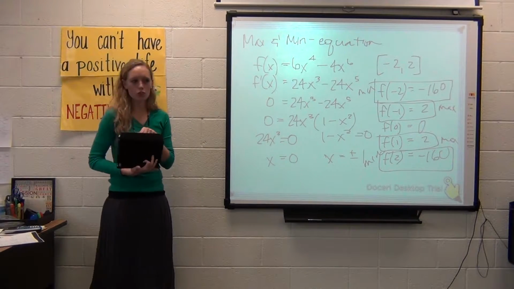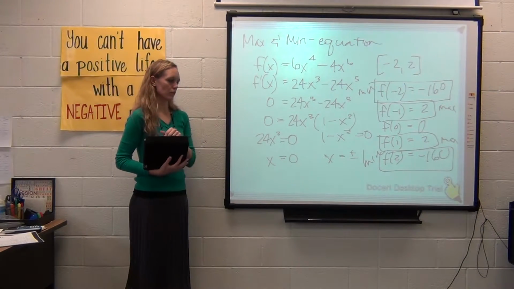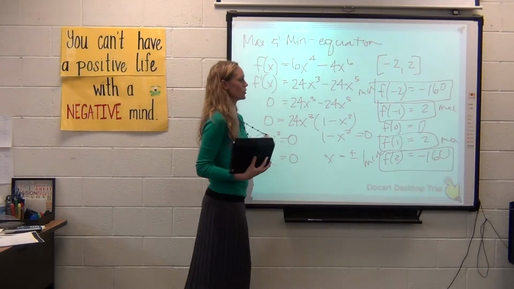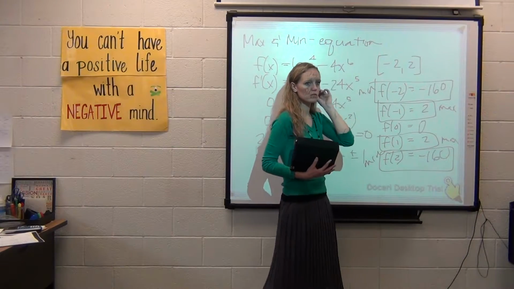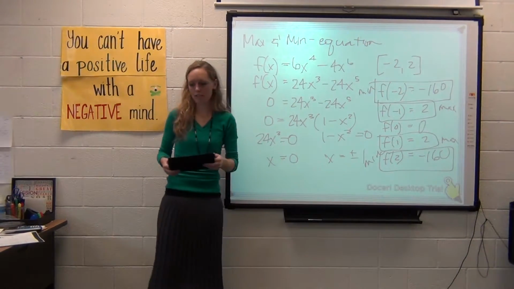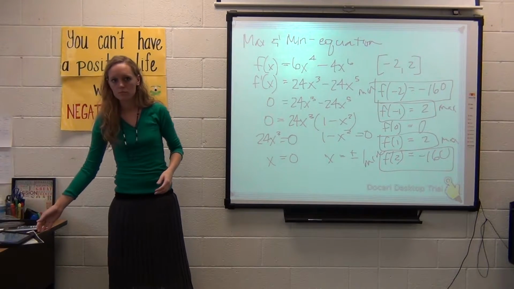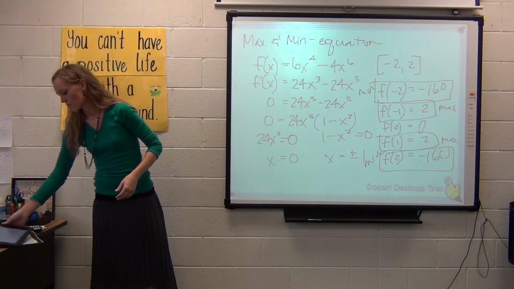Okay, so let's do an example where we're dealing mainly with local ones. Absolute, you're focused on when you have a closed interval. Graph of this function, so she can see it. Not necessarily on a calculator, you just know what that would look like, right?